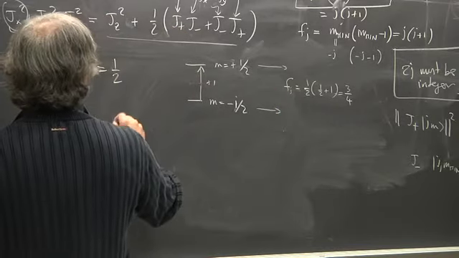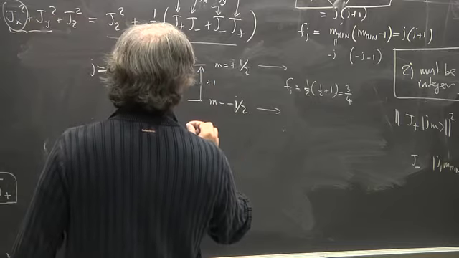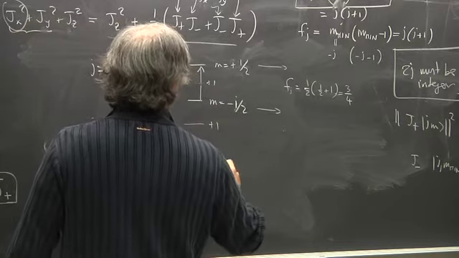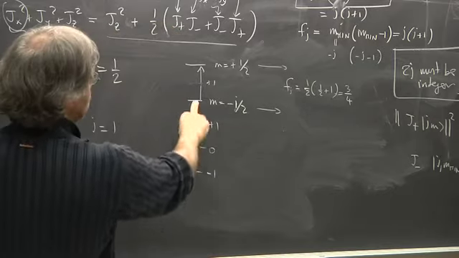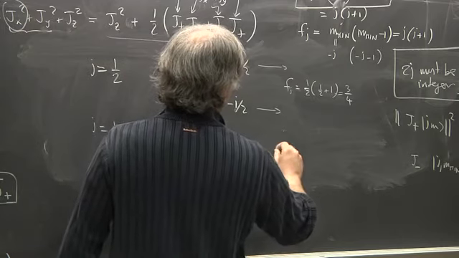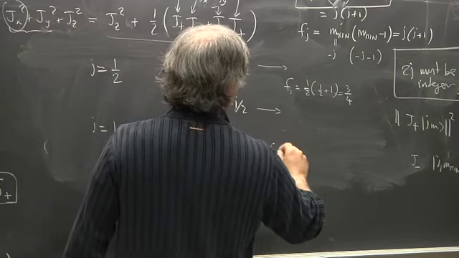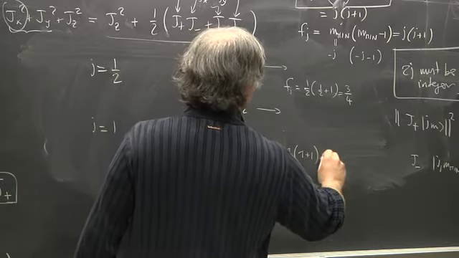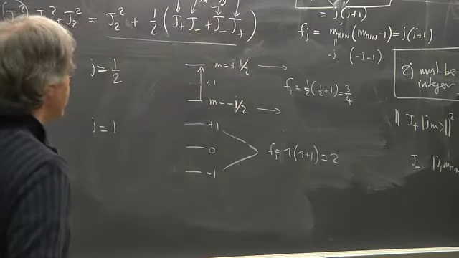For j equal to 1, you have three states. They have m equal to 0, plus 1, and minus 1. Now I have an integer ladder. Okay? All three have j squared equal to 1 times 1 plus 1, 2.